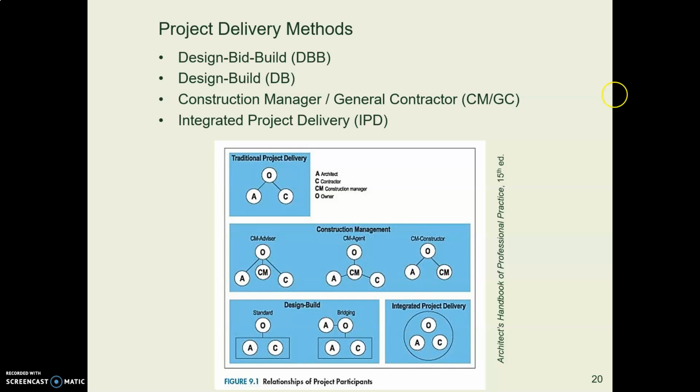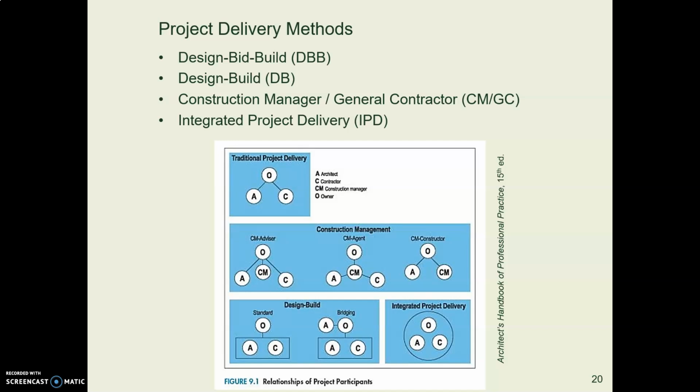So there are different ways to get this contracting and bidding and construction process going. When a contract is signed, a contractor agrees that at a prearranged point in the design process, they will construct this project for an agreed upon sum of money.